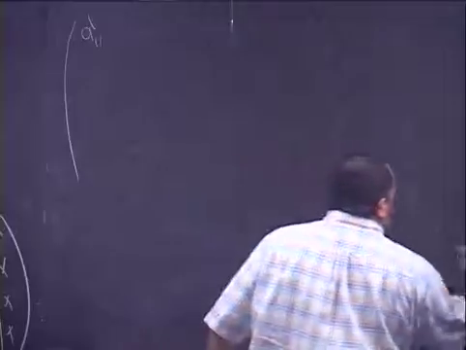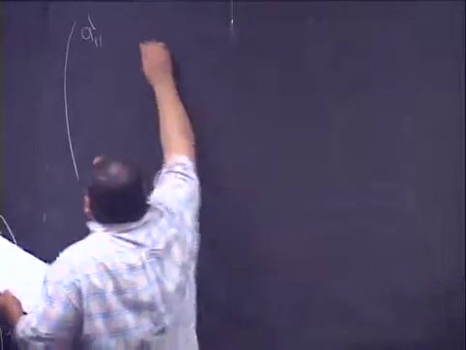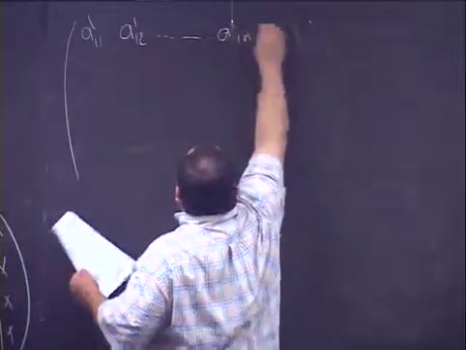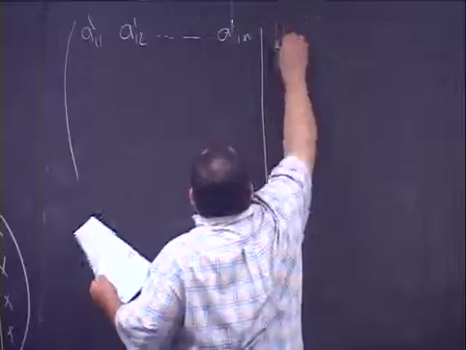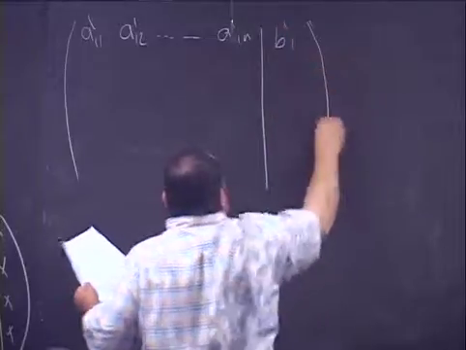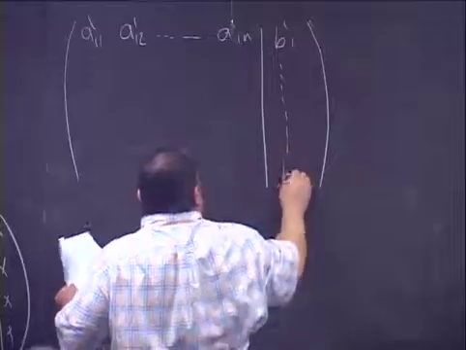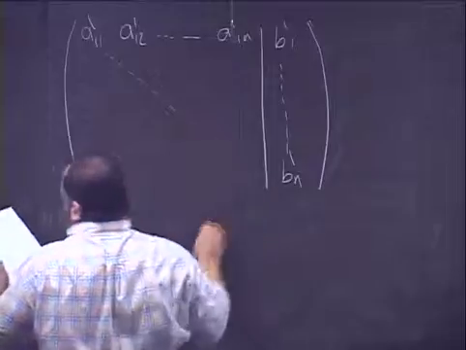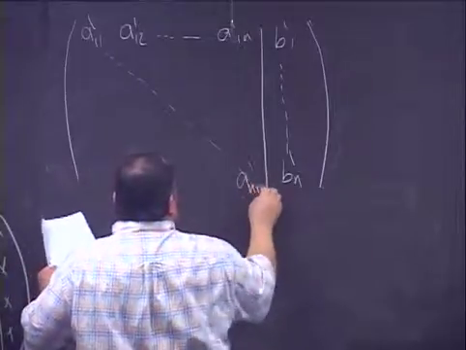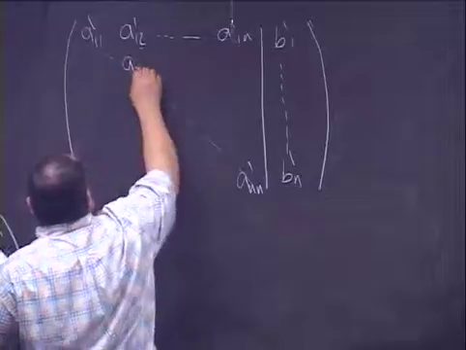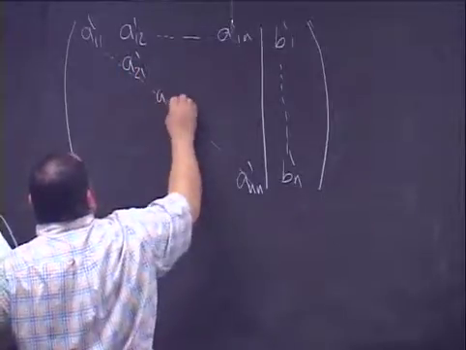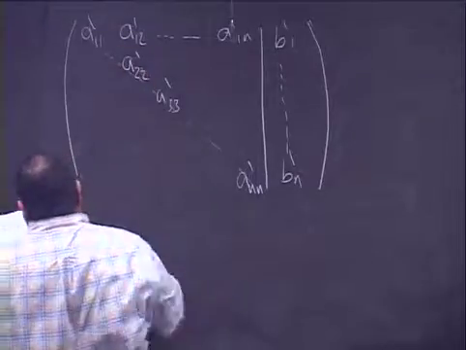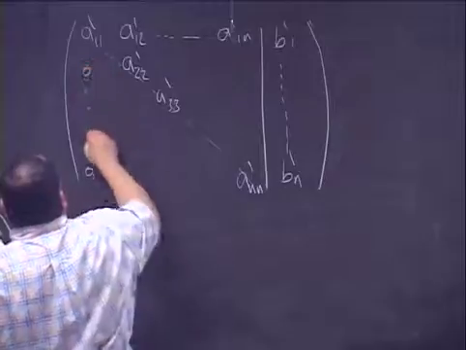And this will transform it to another value here, A11 prime, A12 prime, up to A1n prime, and B is no longer B, it is B1 prime, up to Bn prime, and this will give you Ann prime, this is A21 prime, A3 prime, and so on, and all those are zeros.